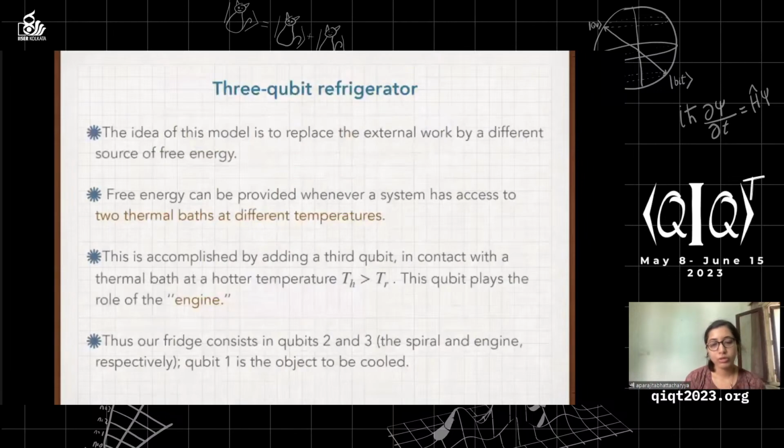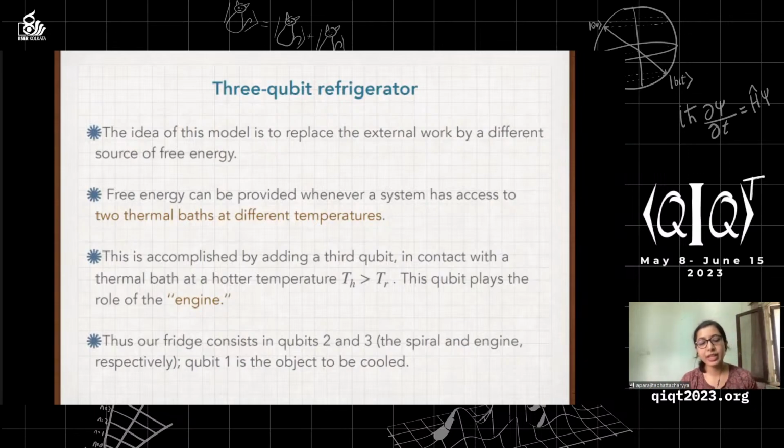So now we move on to the 3 qubit refrigerator, and we ask: if we have 3 qubits, can we construct a refrigerator which is self-contained in the 3 qubit regime? The idea of this model is to replace the external work by a different source of free energy.